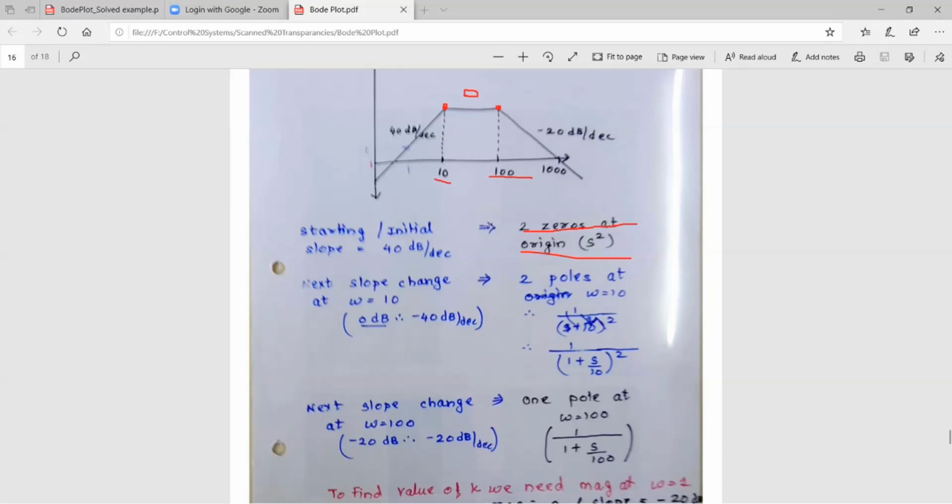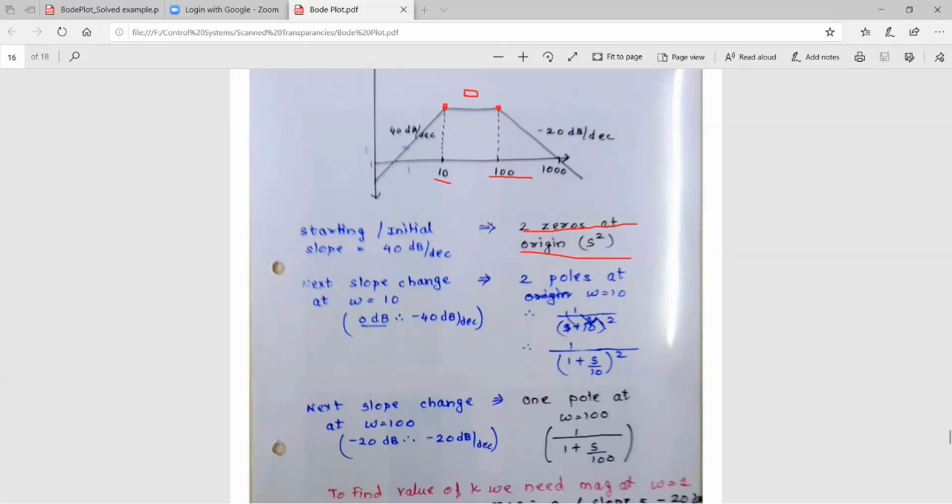So if the slope is going from 40 dB to 0, what is the change in the slope? Minus 40 dB. If the change in the slope is minus 40 dB at 10, that means at 10 there might be two poles. Why 2? I think you have understood, because the slope is 40. If it would have been 20, then there would have been only one pole.